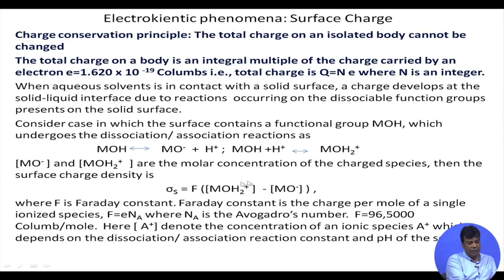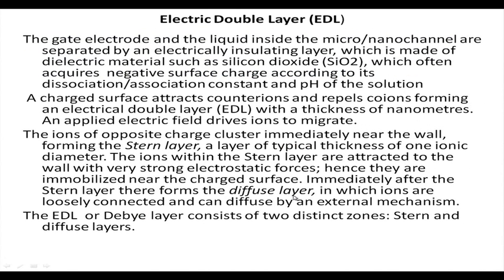This is the net concentration, multiplied by F, that is the way it is defined as the charge density, because it is per unit area. So, sigma s here is the surface charge density. We have denoted the concentration of ionic species A plus by this square bracket. Obviously, this depends on the reaction constant and the pH of the solution.